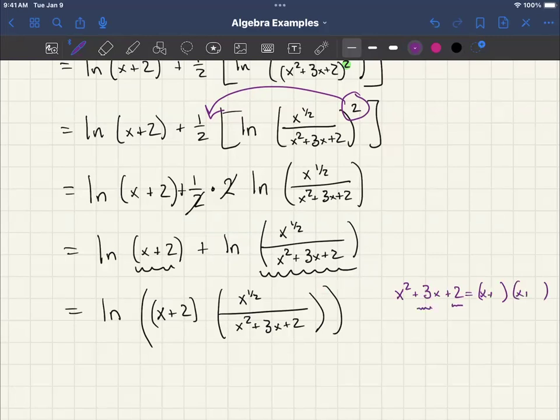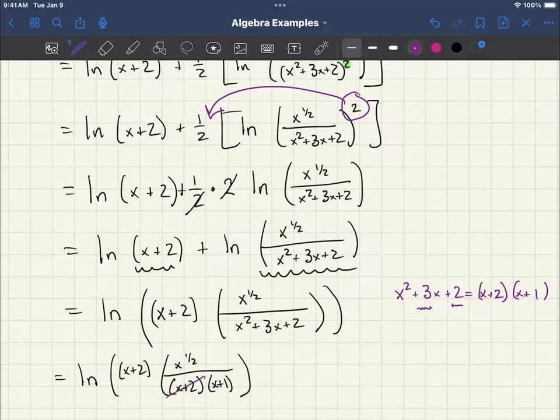And we are going to have a positive. So our two numbers are going to be plus 2 and plus 1. Pop that in there. We get our x plus 2 times our x to the 1/2 over x plus 2, x plus 1.